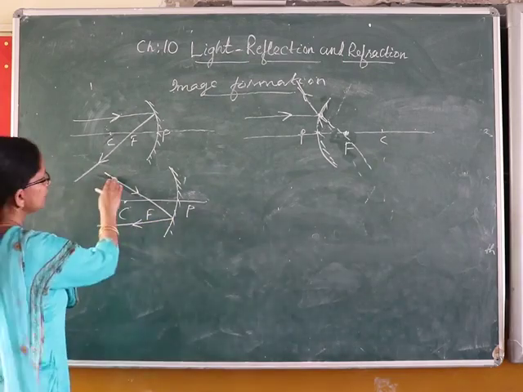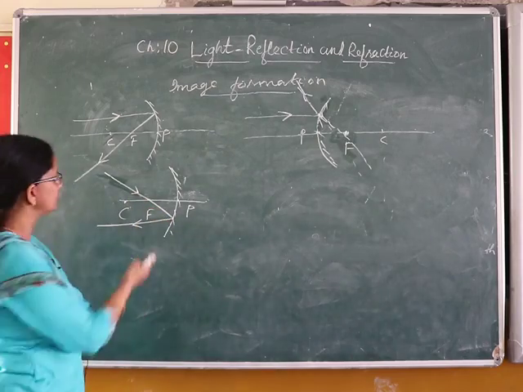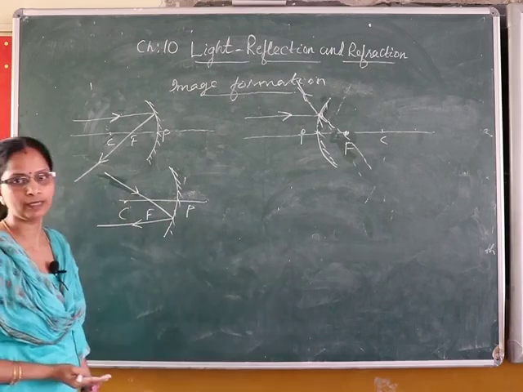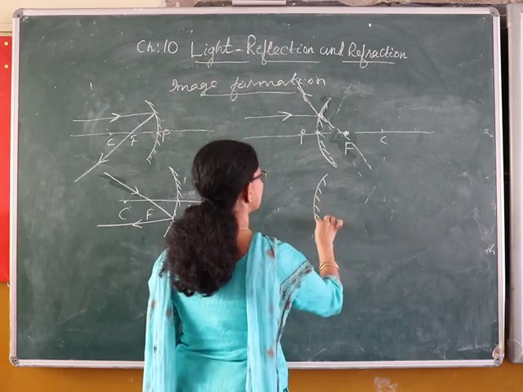If a ray strikes the mirror through the principal focus, after reflection the ray becomes parallel to the principal axis. That is for the convex mirror also.